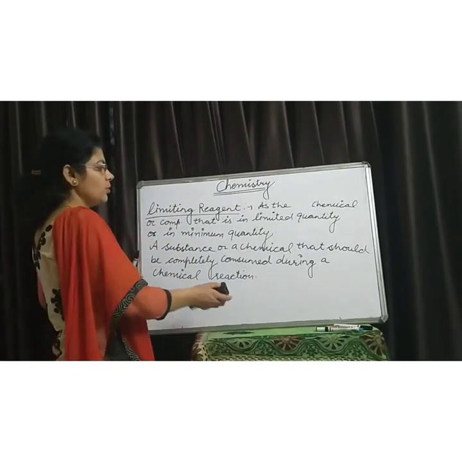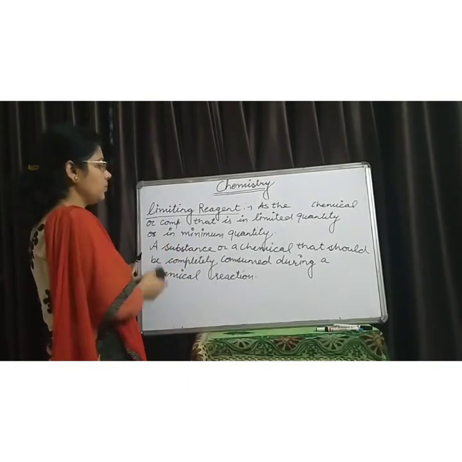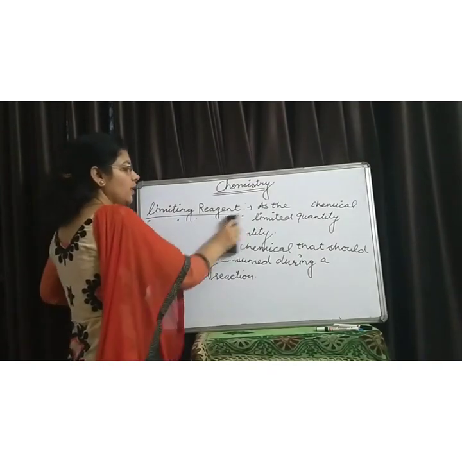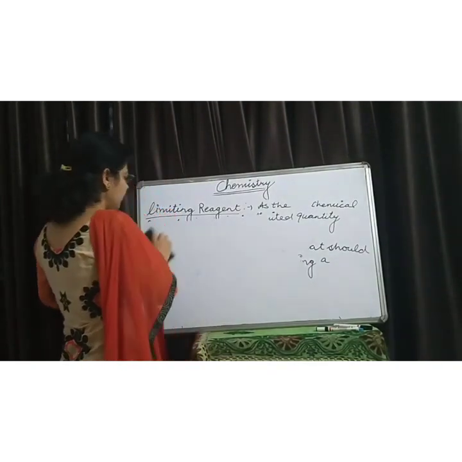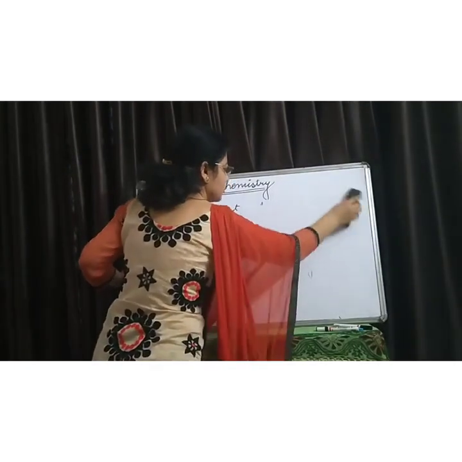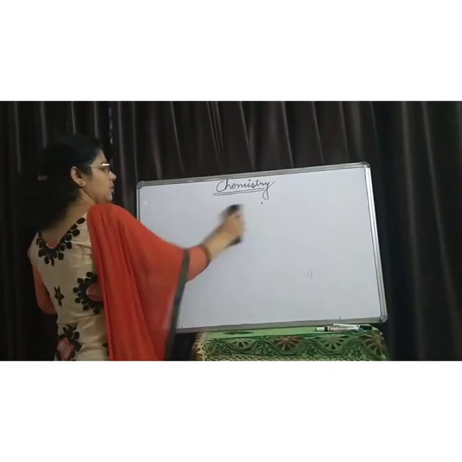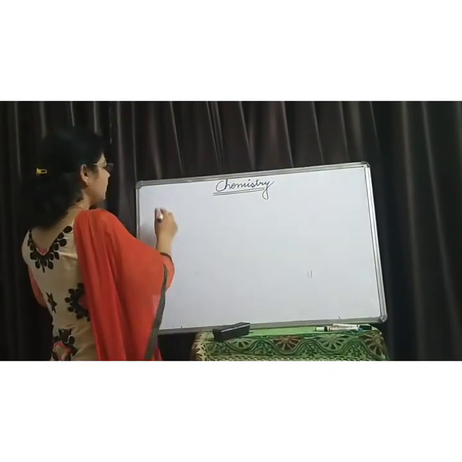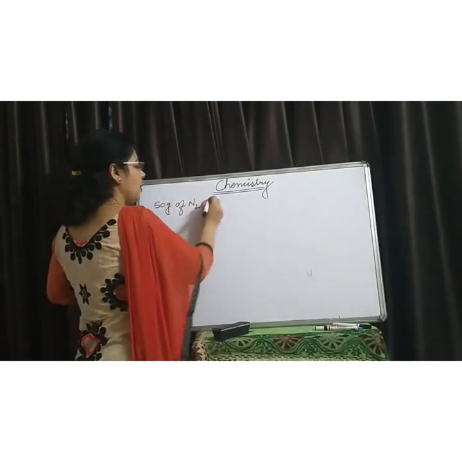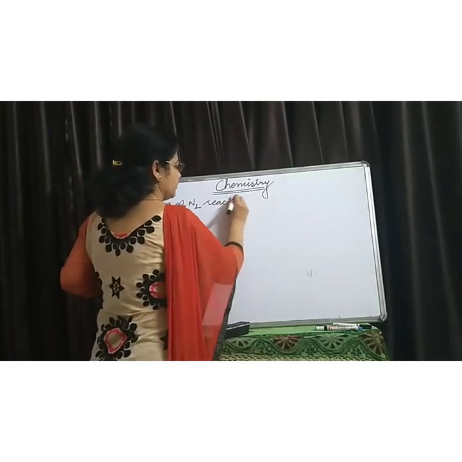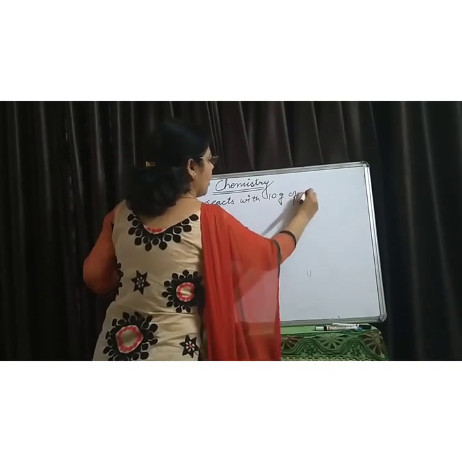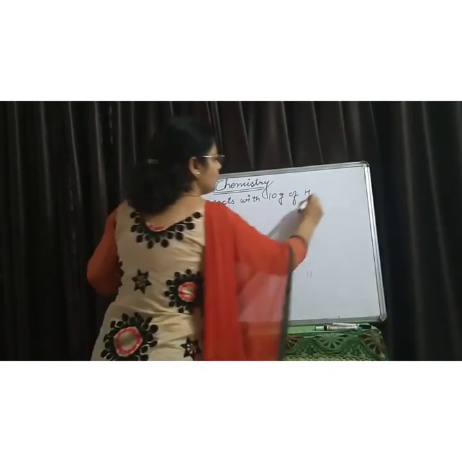Next, we do the numerical problems related to the limiting reagent. The numerical is: 50 grams of nitrogen reacts with 10 grams of hydrogen to produce ammonia.